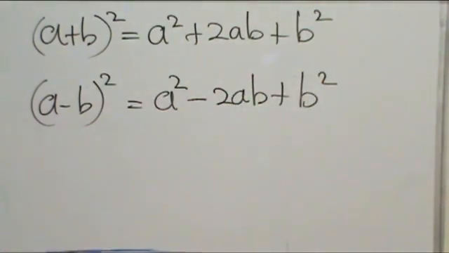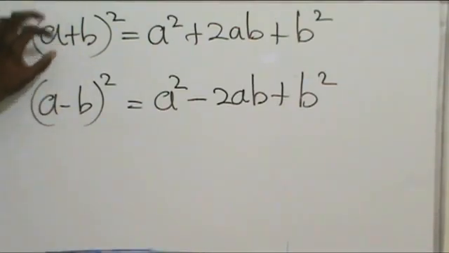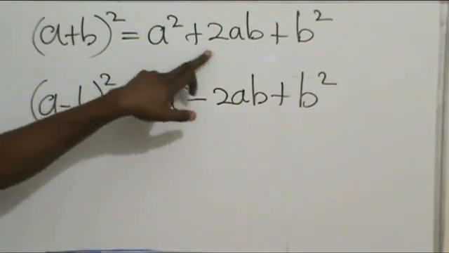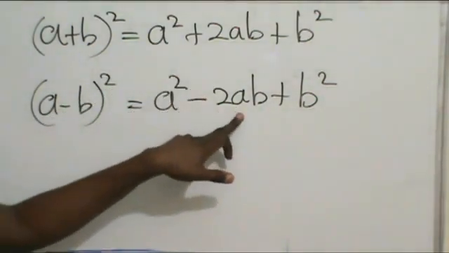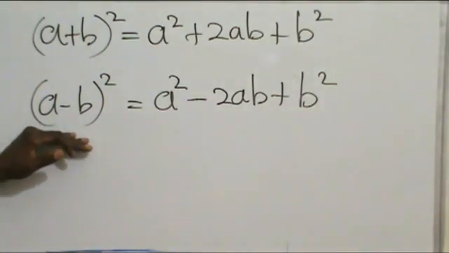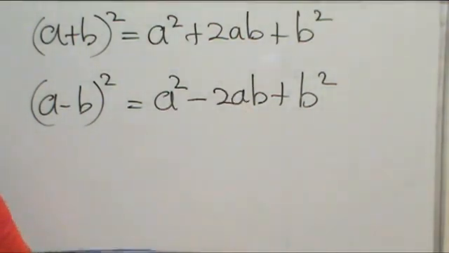Note well, the only difference between these two, apart from having A plus B versus A minus B, is that instead of plus 2AB here, you have minus 2AB here. So in this one, the only time we have a minus sign is minus 2AB. We don't have minus B squared.